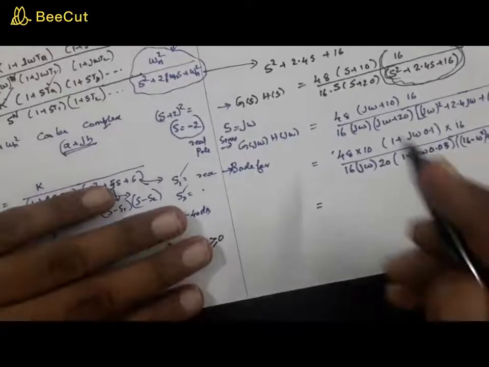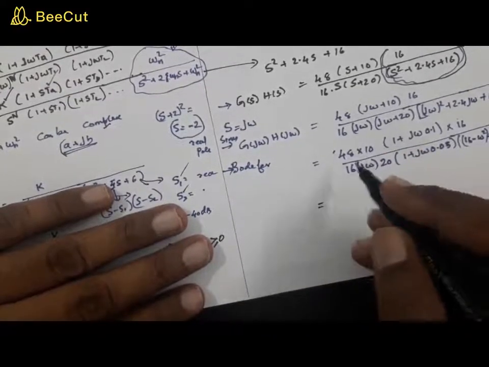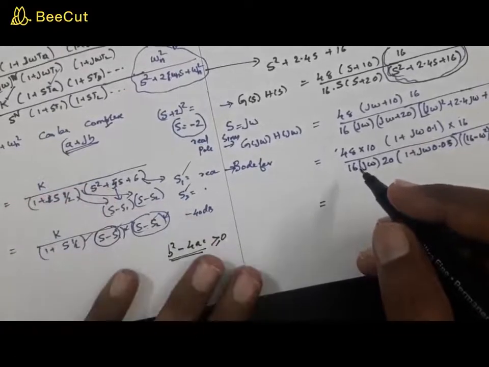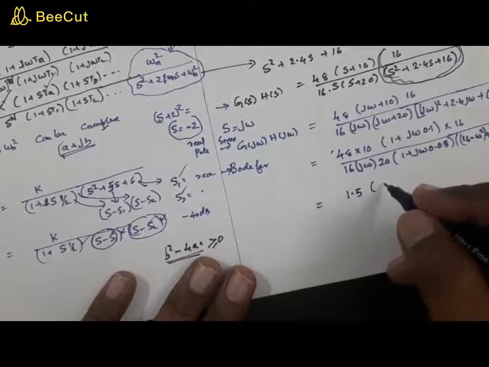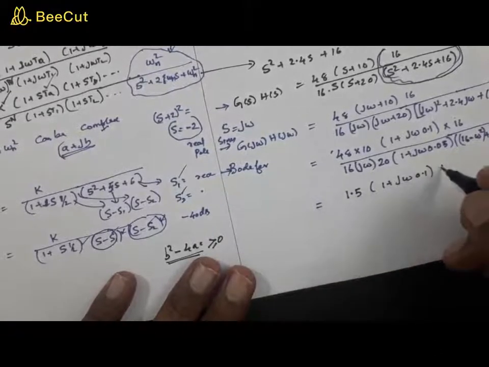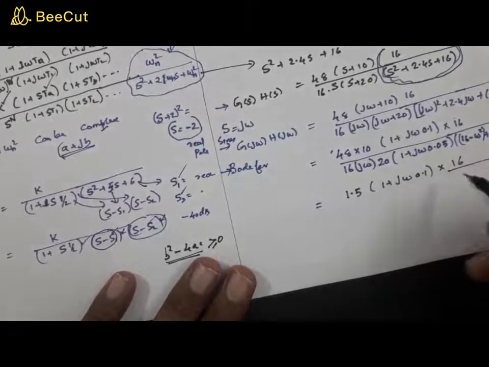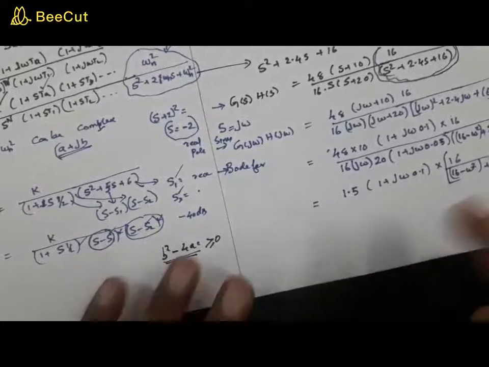So this becomes 48 into 10 divided by 16 into 20, which comes around to be 1.5, into 1 plus j omega into 0.1, into 16 divided by 16 minus omega square plus 2.4 j omega. So you need to keep this as a separate term.